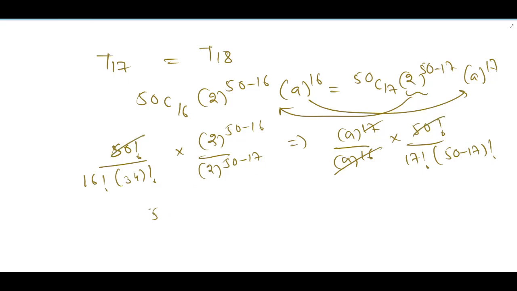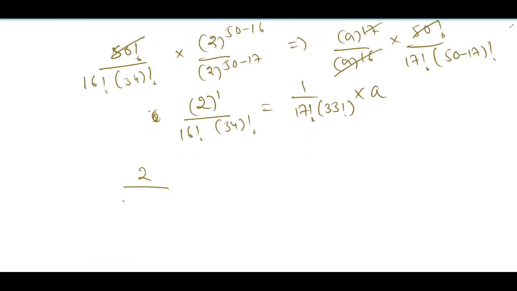So we have 2 to the power 1 divided by 16 factorial and 34 factorial is equal to 1 by 17 factorial into 33 factorial multiplied by a.